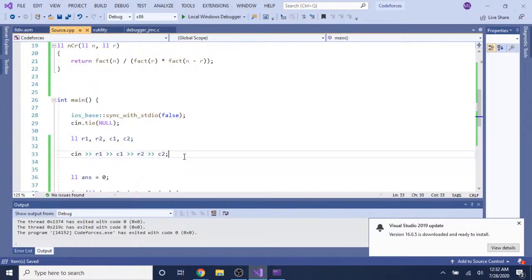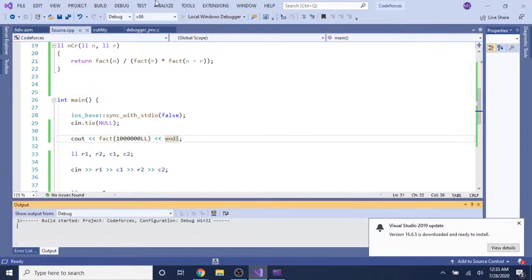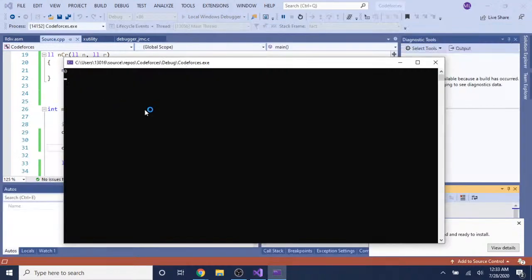I'll print out 10 to the 6, so 1, 2, 3, 4, 5, 6, and print out this. Because if it doesn't take that long, then we could pre-compute all the factorials and store them into an array of size 10 to the 6.